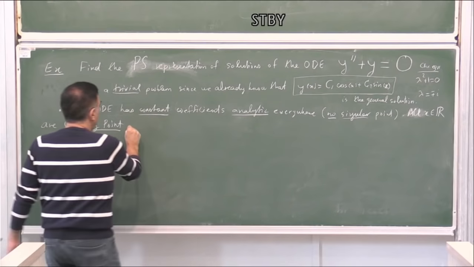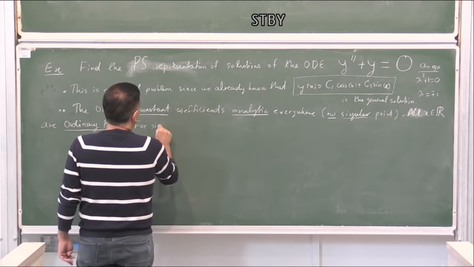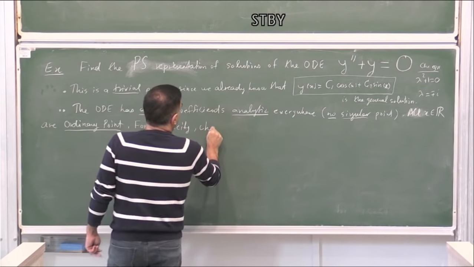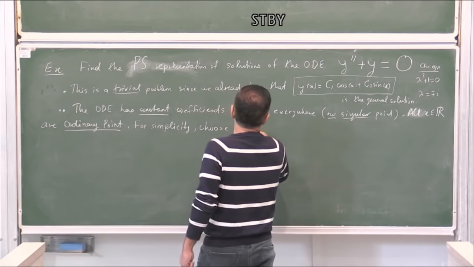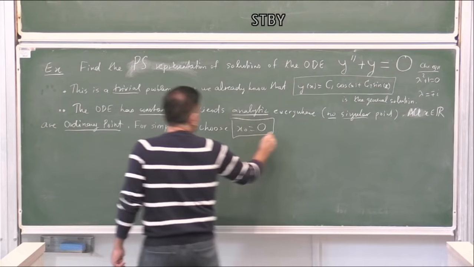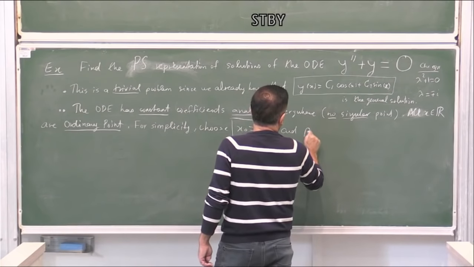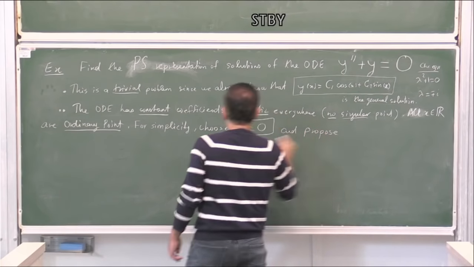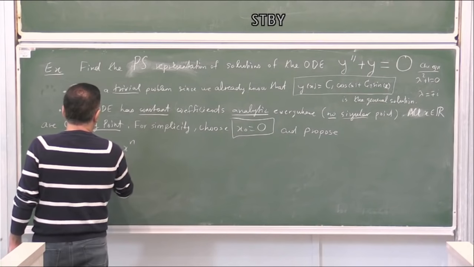For simplicity, choose x0 equal to 0. Okay? And propose this: y(x) equals the sum of a_n x^n.